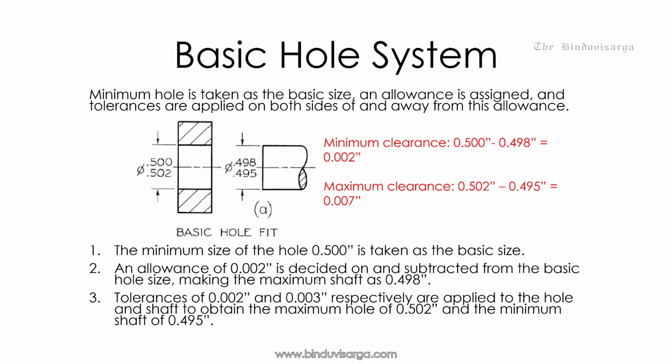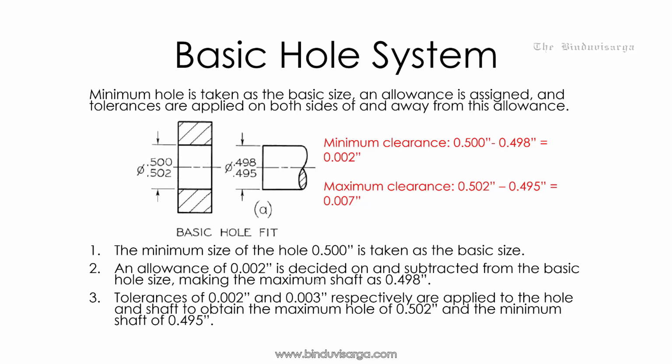So here the minimum clearance will be 0.500 minus 0.498 equals 0.002, and the maximum clearance will be 0.502 minus 0.495 equals 0.007.